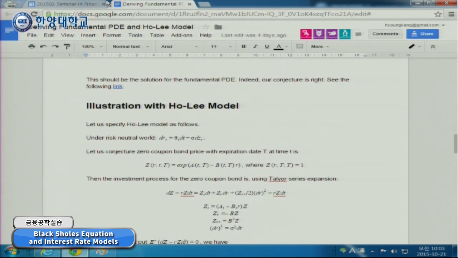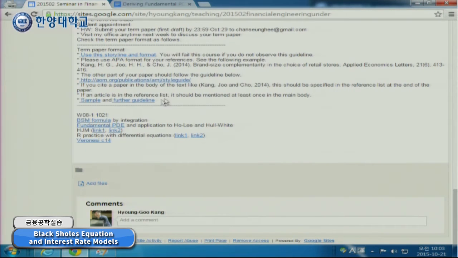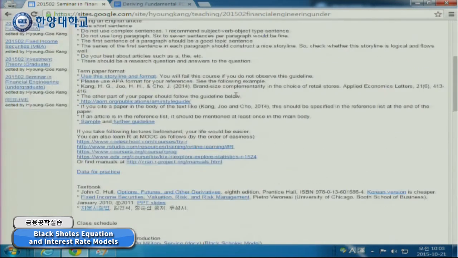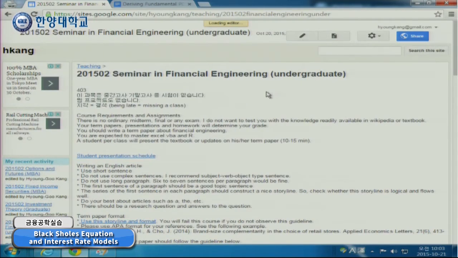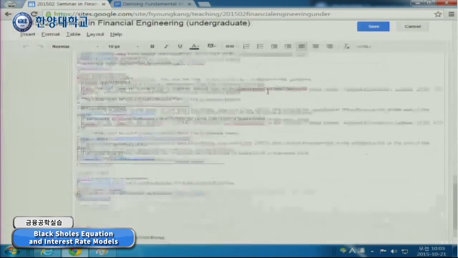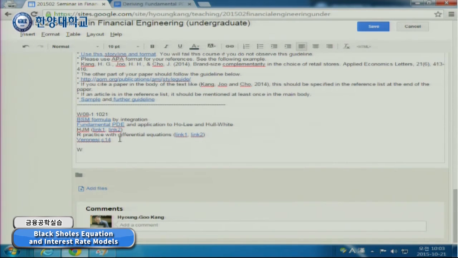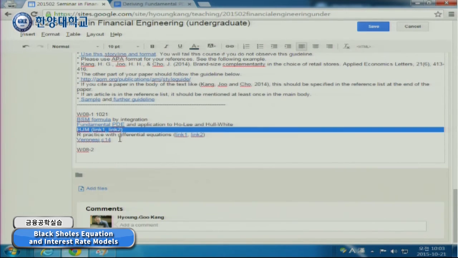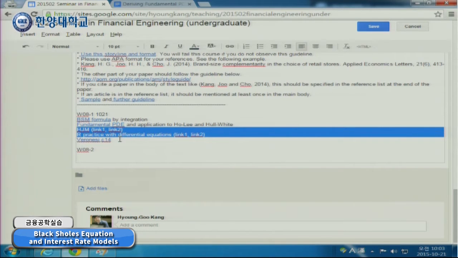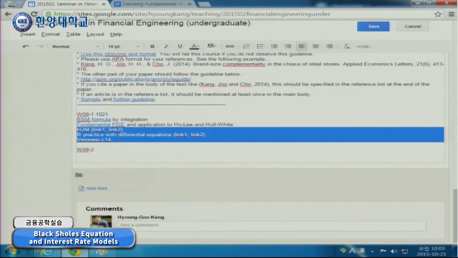Next class, we can do some simulation. HJM model, differential equation.